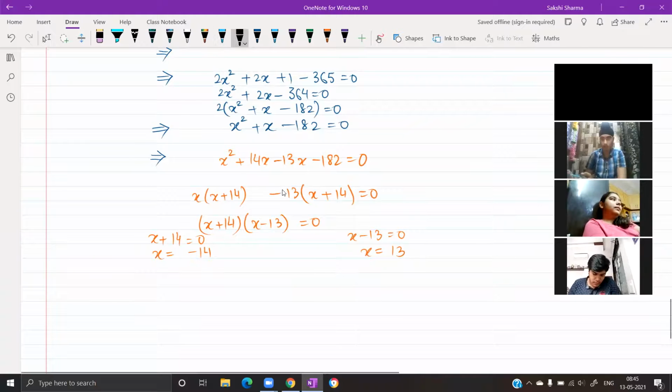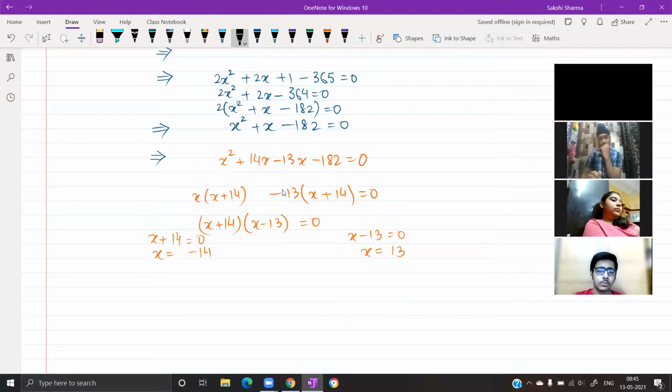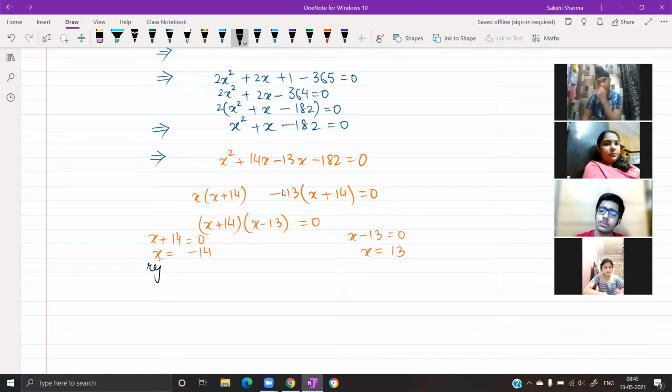Now go back to your statement. The question you were given said integers are positive. I did indicate in the previous exercise that the word positive is not a concern for the assumption, it is a concern for the answer. So when you obtain your answer, keep in mind that the value should be positive. So this value will be rejected. Write down the reason if you want, that the integers are positive.